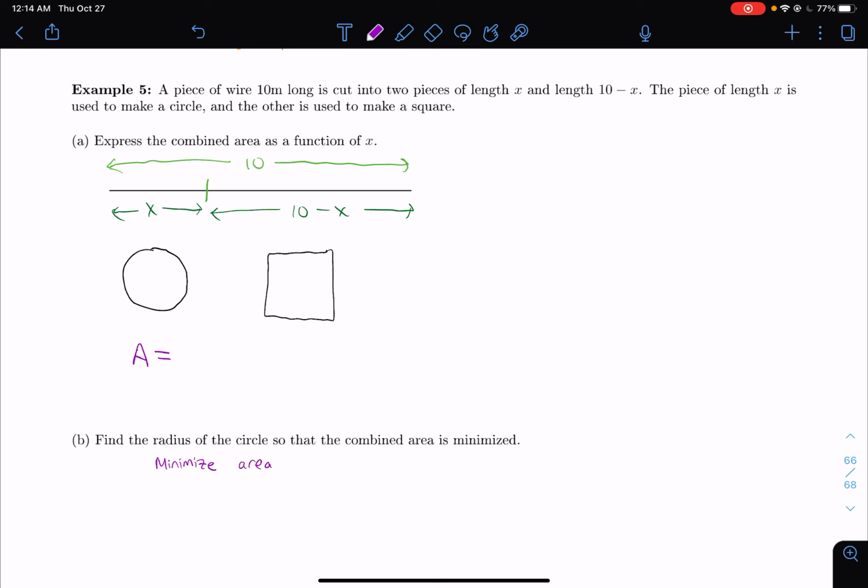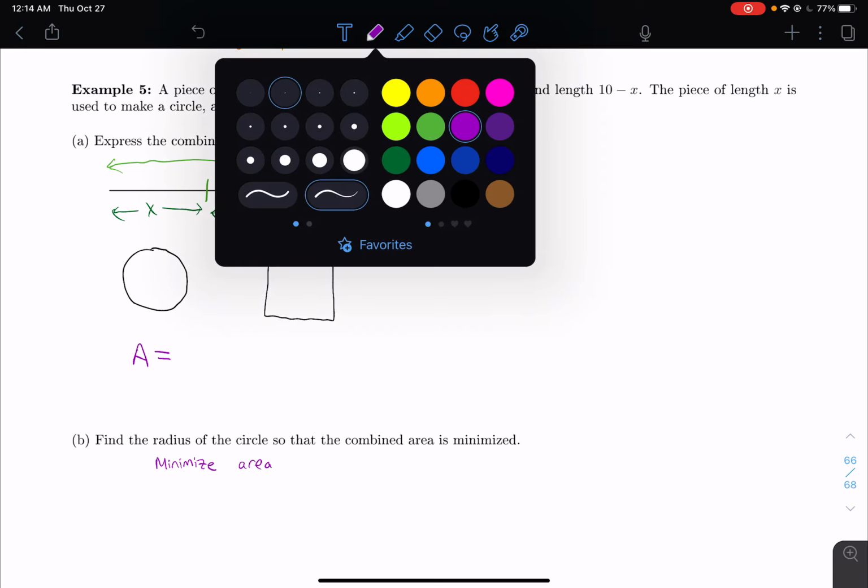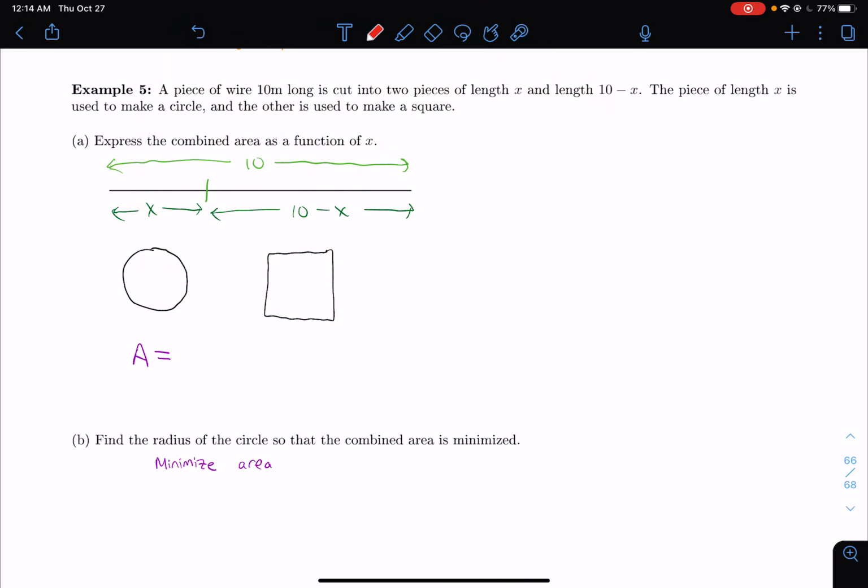The area needs to be just in terms of the variable x. This I want to give to you all as a warm-up problem. I want you to pause the video for about 3 minutes and see if you can get the equation for area here, the combined area of the two put together, just in terms of x. So pause it in 4, 3, 2, 1, pause it.